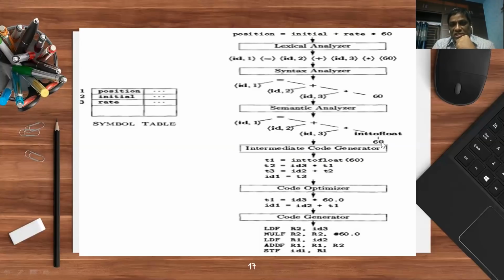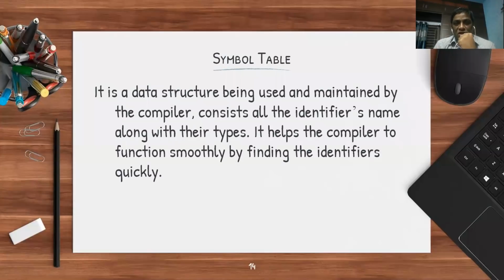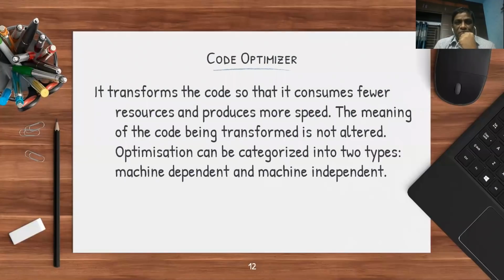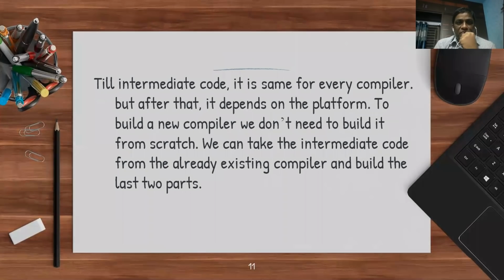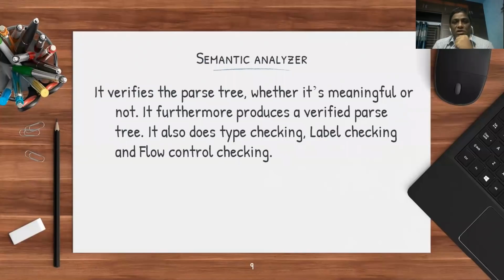Here 60 does not mean integer, it means a float, and once this meaning is added, these two floats can be successfully multiplied. So that is the job of the semantic analyzer. We'll come back here again when we finish all those phases. I'll discuss it again. So that is what the semantic analyzer is doing.